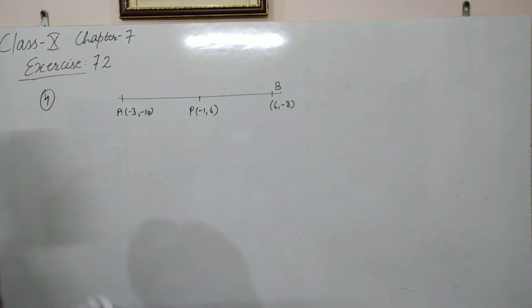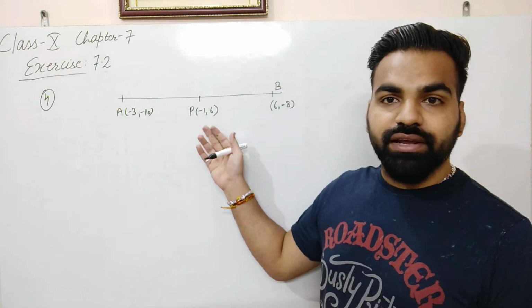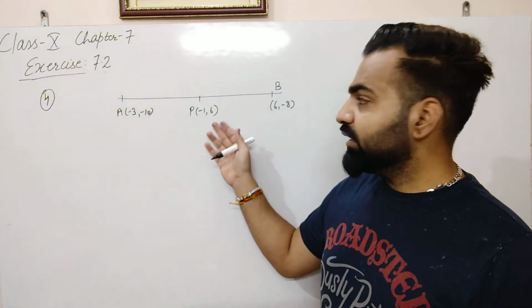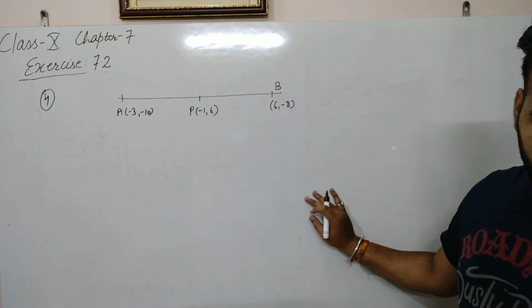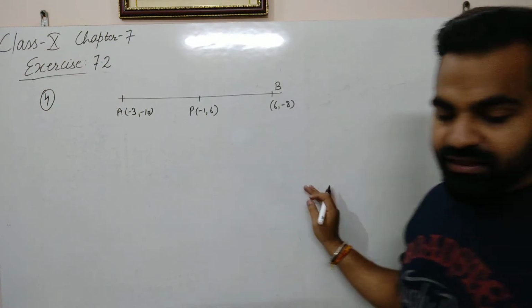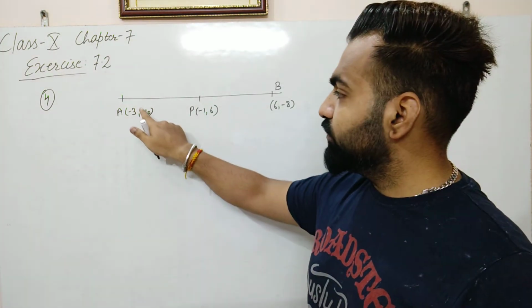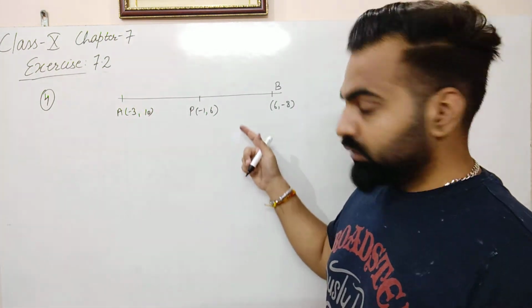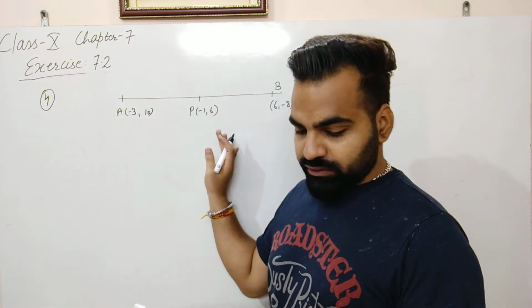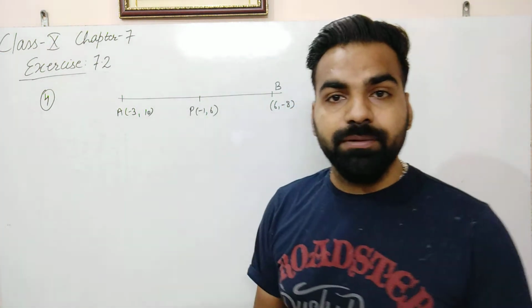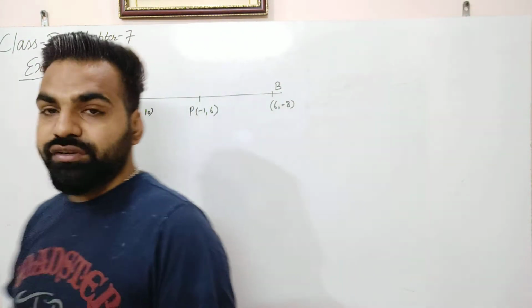So in this question, the ratio is not given, but the coordinates are given here. Clear? Now we have to find the ratio.